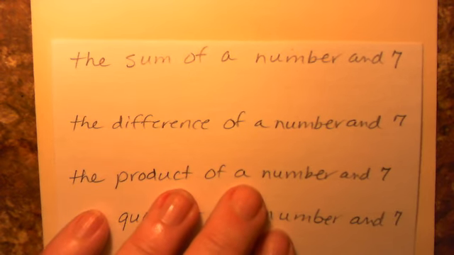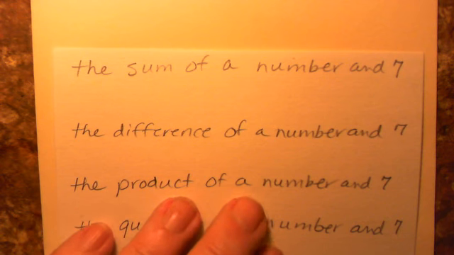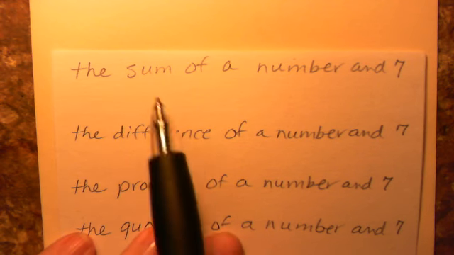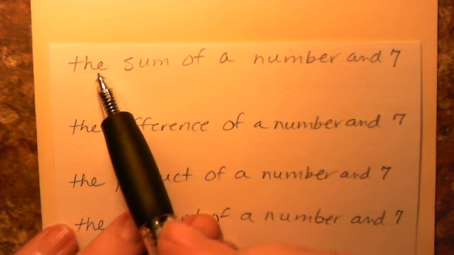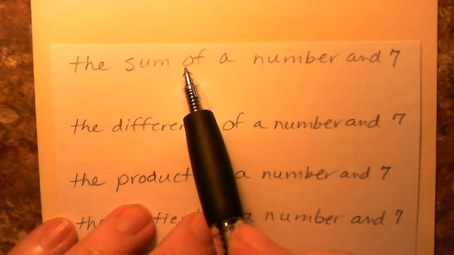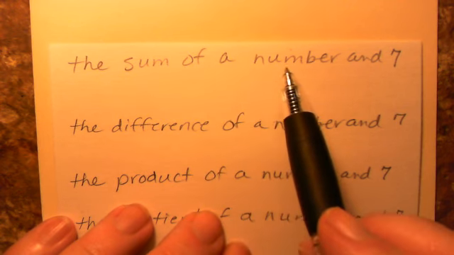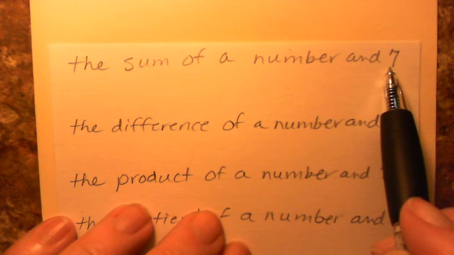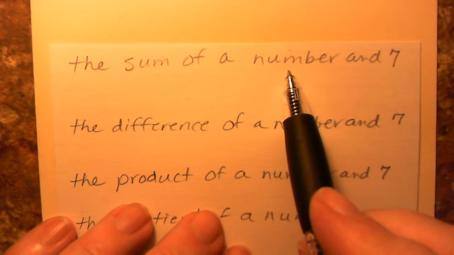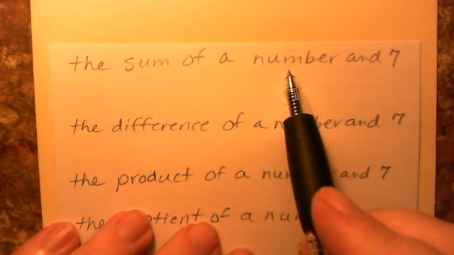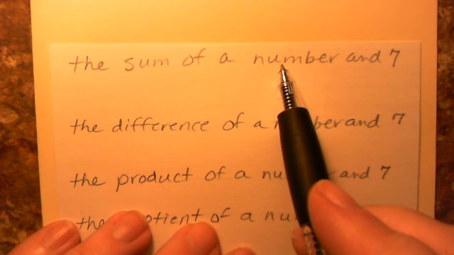So let's look at these right here. The sum of a number and 7. We know that the words the sum of mean to add, so what are we adding? A number and 7. We get to choose our variable for a number. Your homework suggests a variable for you, but you could use the variable n or x.